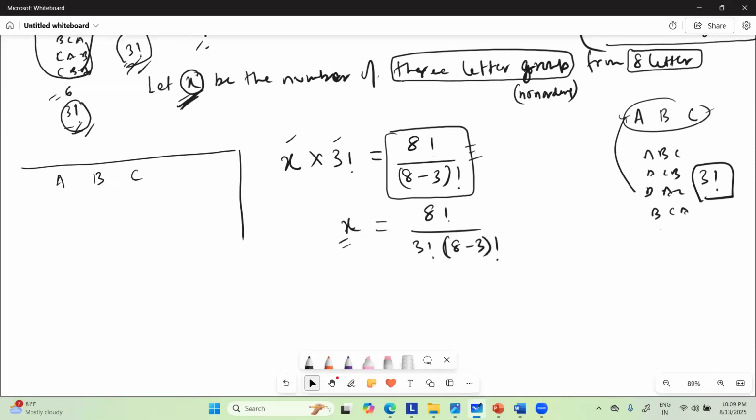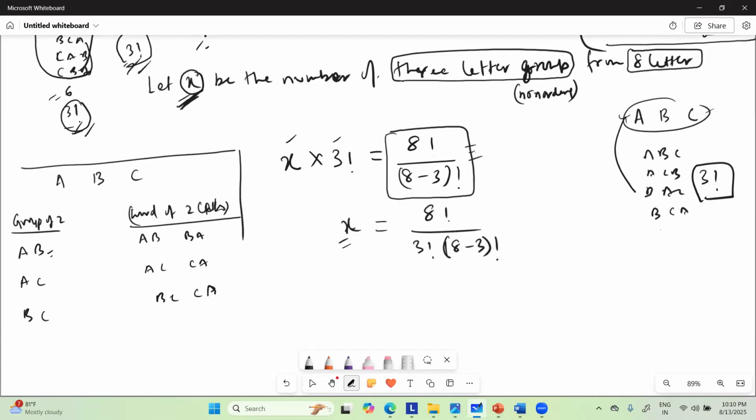I am saying make a group of 2, or word of 2 letters. तो ग्रुप ऐसे बनेगा: AB, AC और BC. But words कैसे बनेंगे? हर ग्रुप आपको 2 वर्ड देगा: AB और BA, AC और CA, BC और CB. तो वही मैं बोल रहा था कि x is the number of groups.